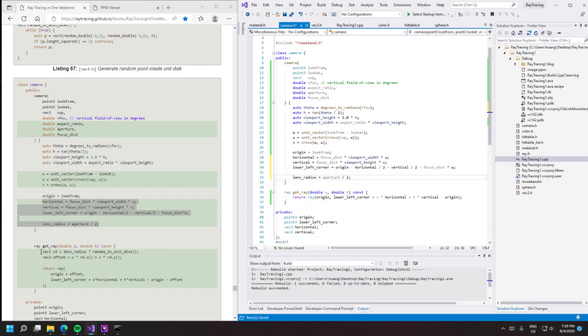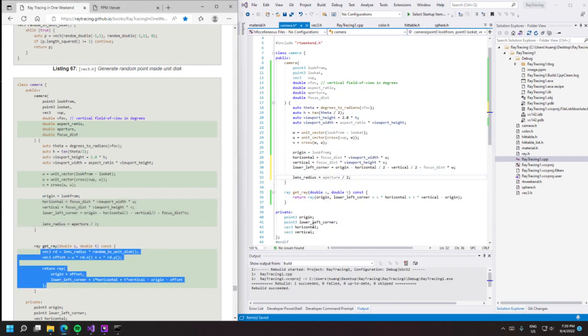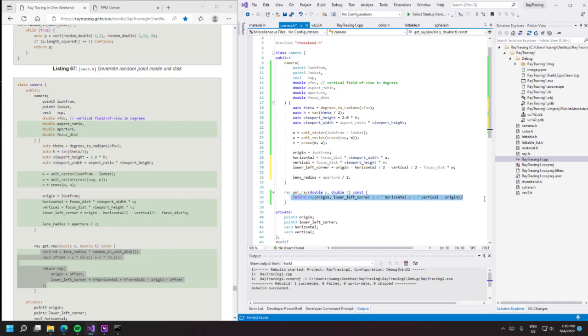And get ray is a bit more complicated in the way that the ray takes account of the lens radius, and then we find a random point in the unit disk.